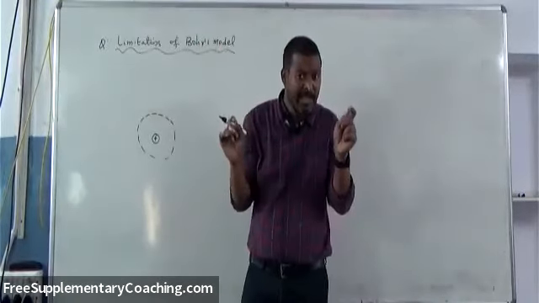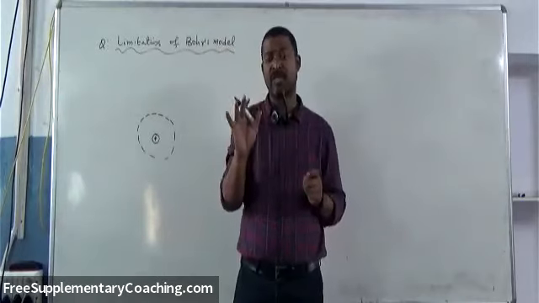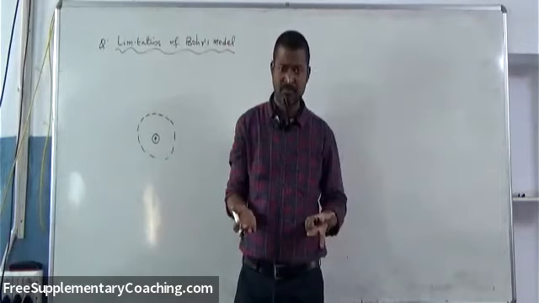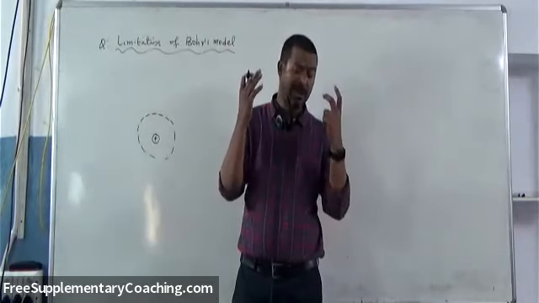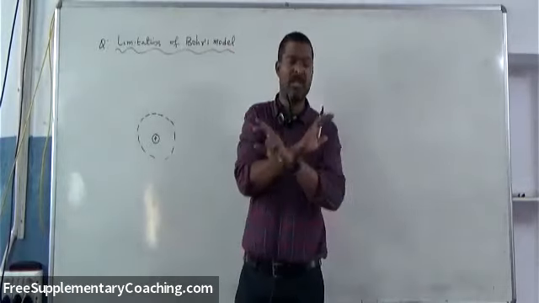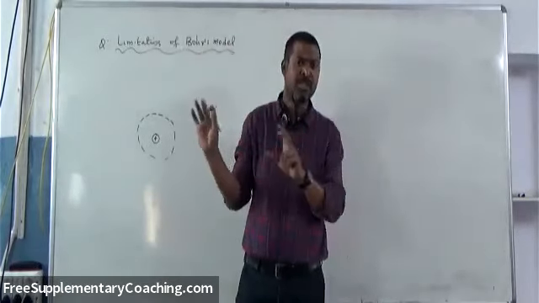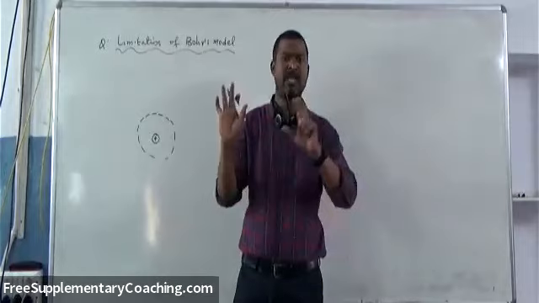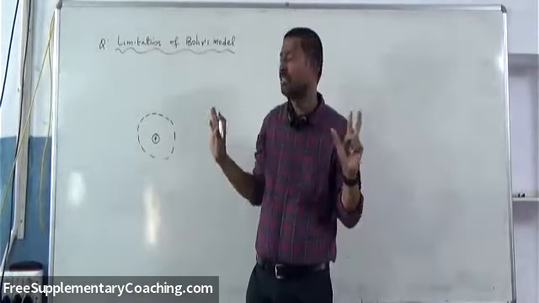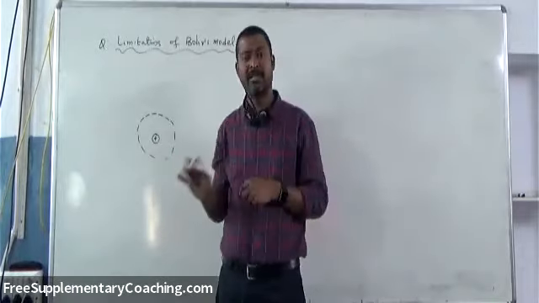But why is it choosing only a circular orbit? Why can't it be any other shape, maybe elliptical? Why not elliptical? It's simply assumed to be a circle, but no particular reason is given for making the orbit a circle.